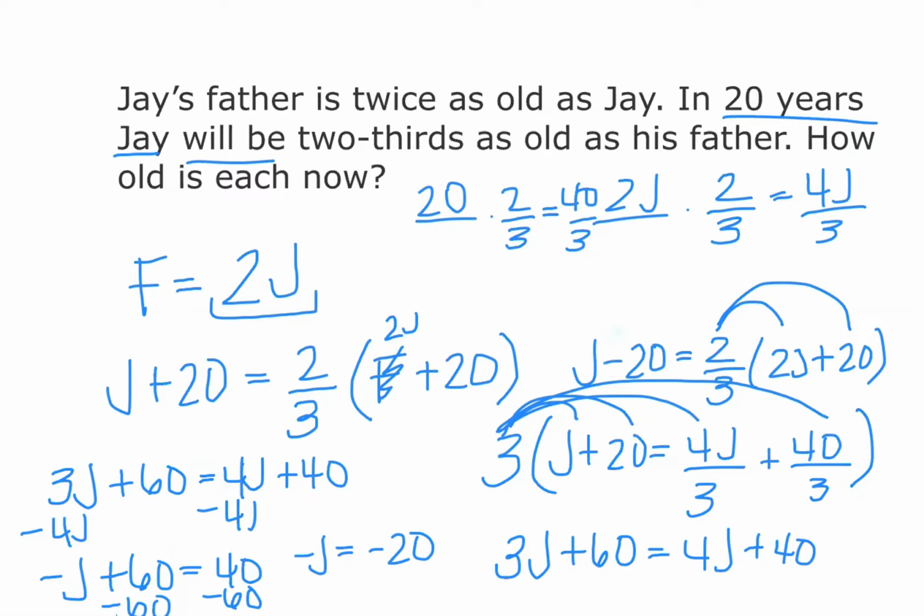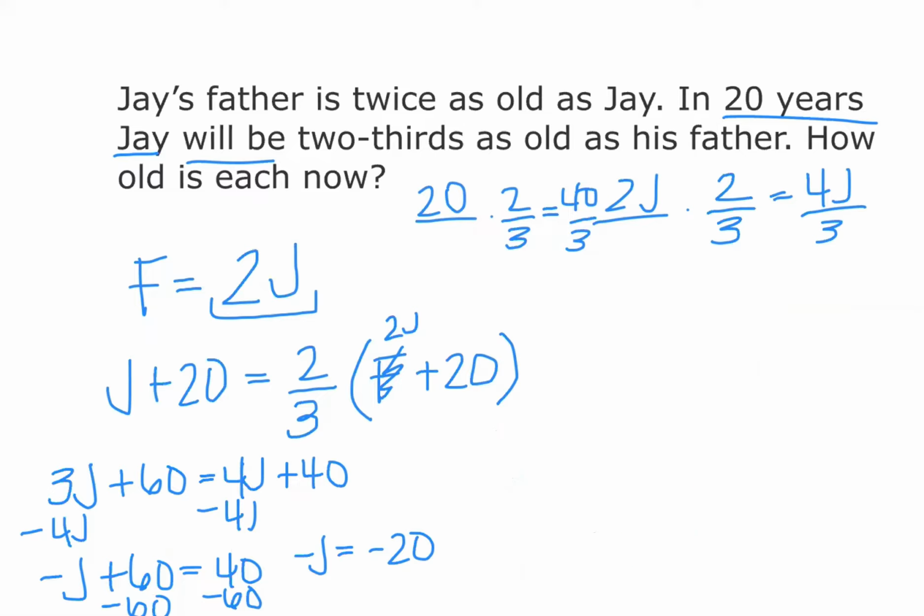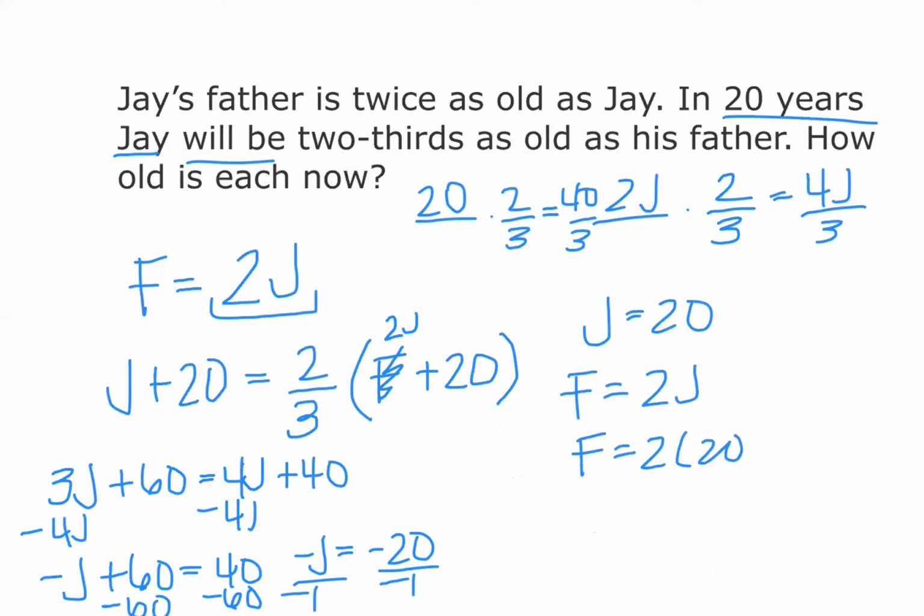Okay, so we divide by -1 and we get J equals 20. And we still want to find F. So F equals 2J, F equals 2 times 20, which is F equals 40.